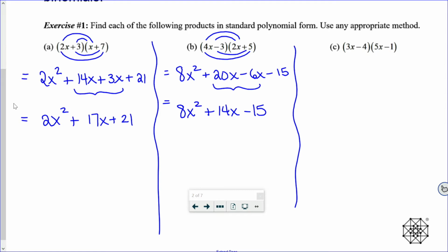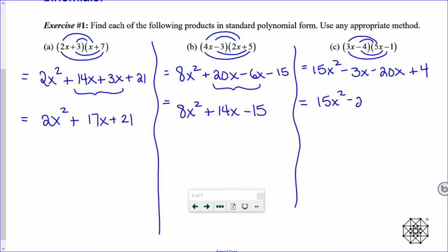Finally, we have 3x times 5x, which is 15x squared. 3x times negative 1, which is negative 3x. Negative 4 times positive 5x is negative 20x. And negative 4 times negative 1 is positive 4. That gives me 15x squared minus 23x plus 4.